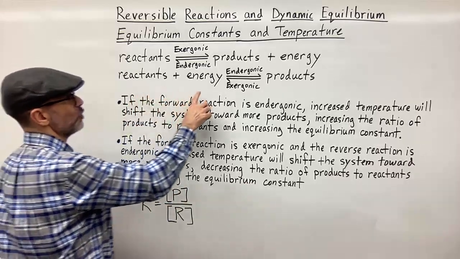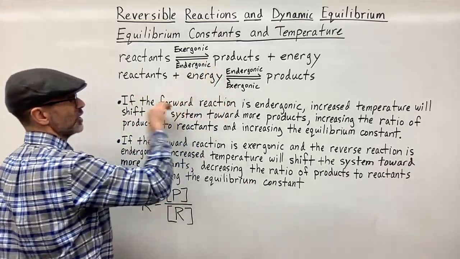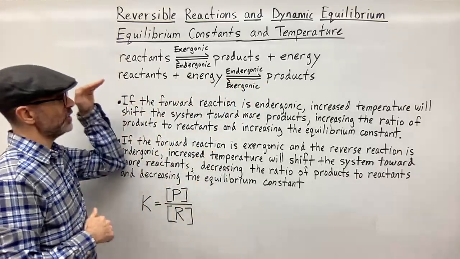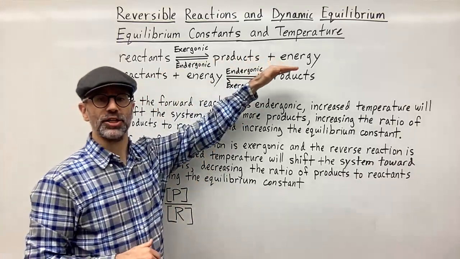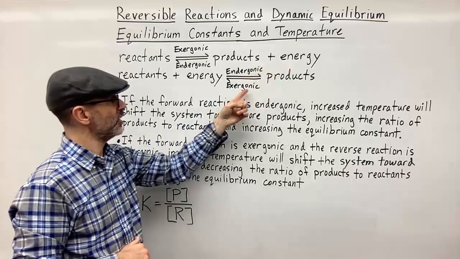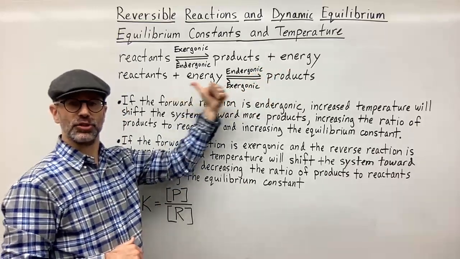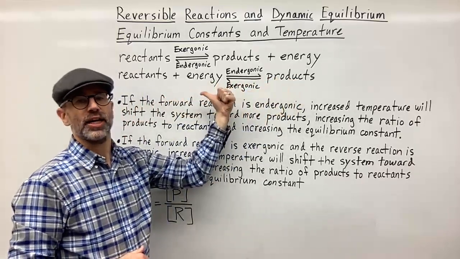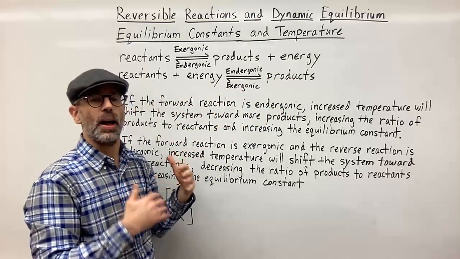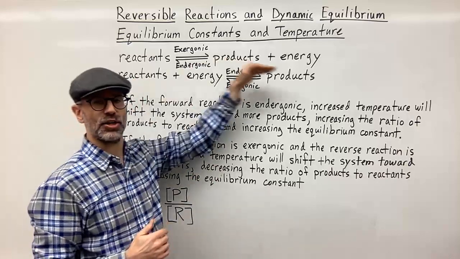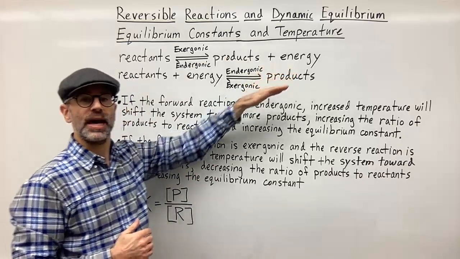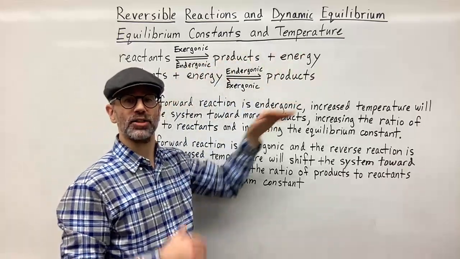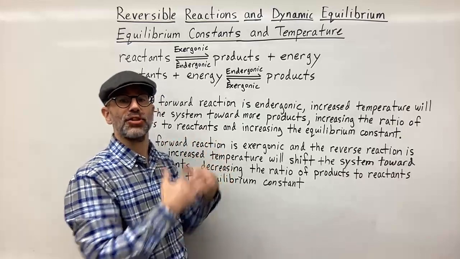So in this case, if you have an endergonic reaction in the forward direction, if I increase temperature, it's going to cause the forward reaction to go faster than the exergonic reaction in the reverse reaction. Now, the exergonic reaction in the reverse is going to be increased as well, but not as much as the endergonic forward reaction here. And so overall, what's going to happen is that more products are going to be produced at the new equilibrium.